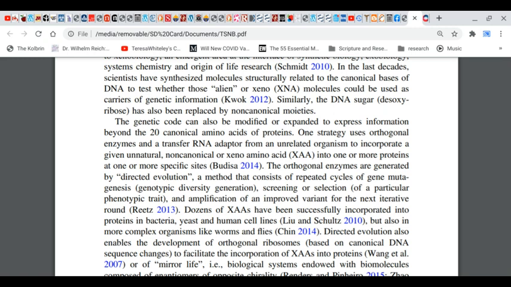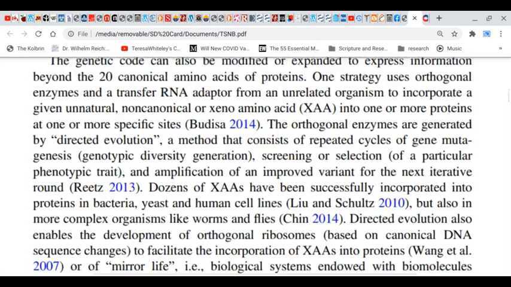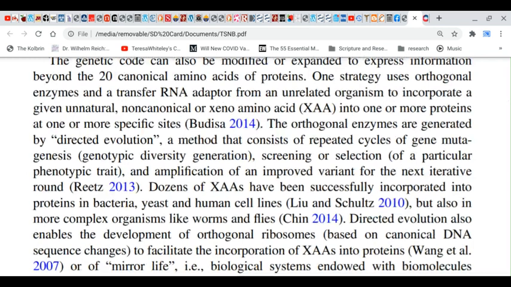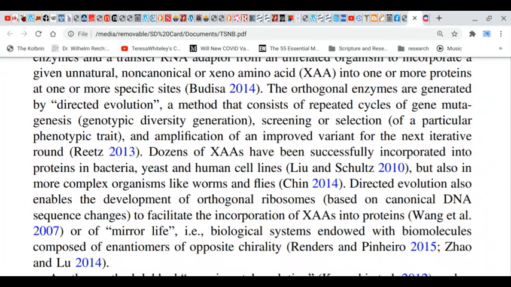Dozens of XAAs, or xeno amino acids, have been successfully incorporated into proteins in bacteria, yeast, and human cell lines, but also in more complex organisms like worms or flies.